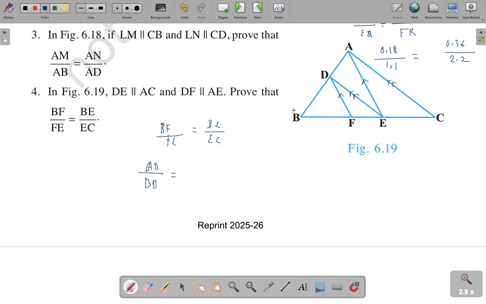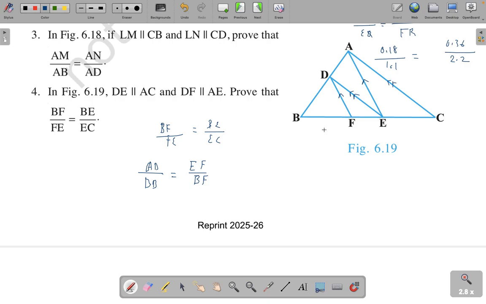So AD upon DB, we'll again start from here. EF upon FB, or EF upon BF. Or we could have written BD upon AD is equal to BF upon FE. Both would mean the same thing, right?